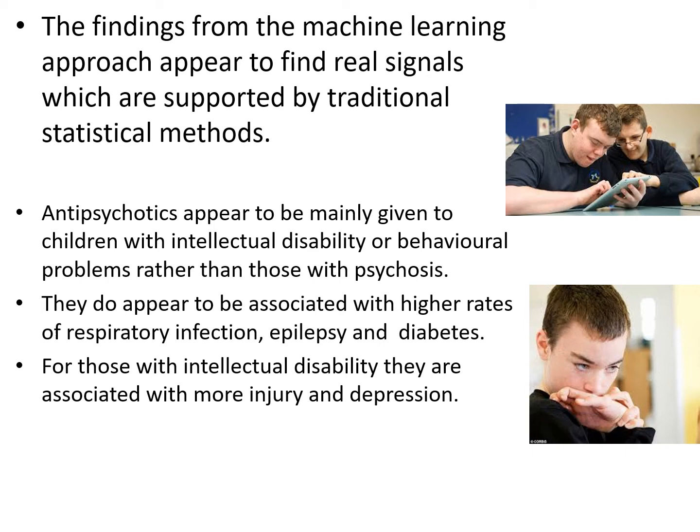It identified also that the antipsychotics were given more to children with intellectual disabilities rather than those with psychosis. And although it was associated with higher rates of respiratory infection, epilepsy and diabetes for all, it was those with the intellectual disabilities where there was more injury and more depression after taking the antipsychotics.